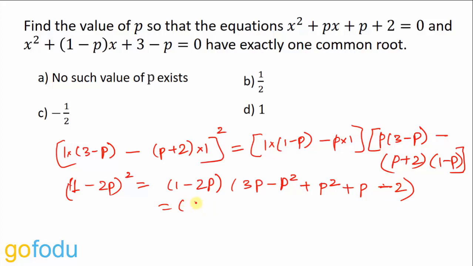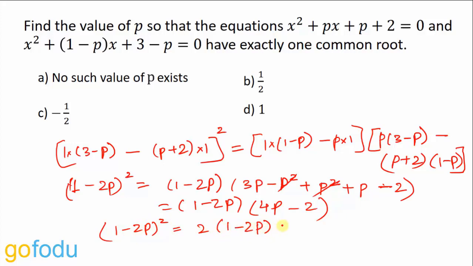So this will be 1 minus 2p into 3p plus p will be 4p, this gets cancelled, minus 2. So in short, 1 minus 2p whole square is equal to 2 times 1 minus 2p into 2p minus 1.